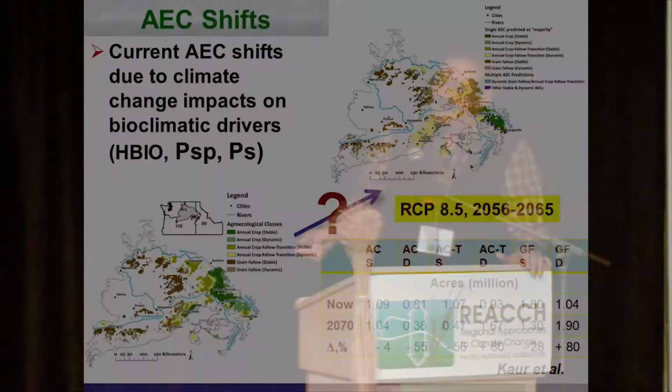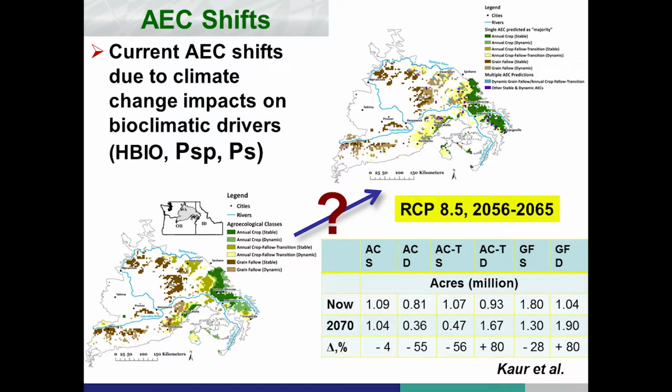And so if you were to look then at future projections of bioclimatic variables and impose those on top of the current situation, what would happen to our current AECs? And this is the map that shows that. Here's our current AECs. It's on a 4x4 kilometer grid. And the arrow up here is showing what that shift might suggest from the standpoint, again, of just using bioclimatic drivers, these three.